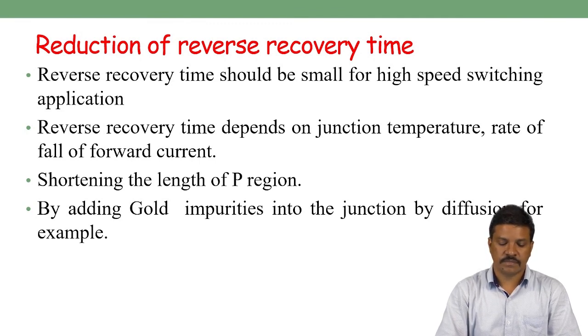And also by adding gold impurities into the junction by diffusion, for example. When we use this kind of metal, a conducting material like gold impurities, into the junction, this conducting material has only a number of electrons.